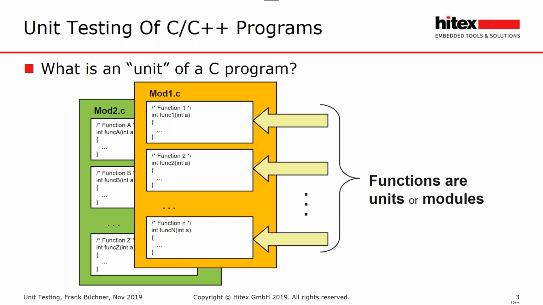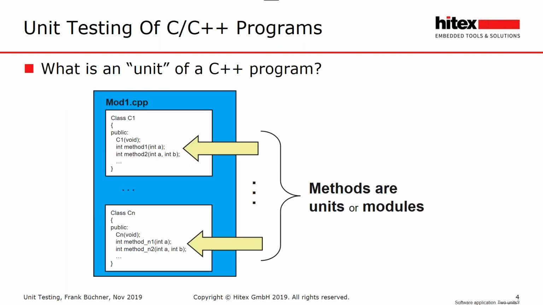And if the programming language is C++, analogous methods of the objects of the classes are units or modules, which means the test object for unit testing or module testing.